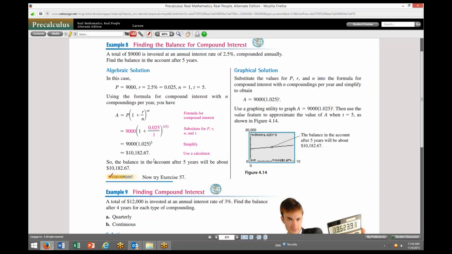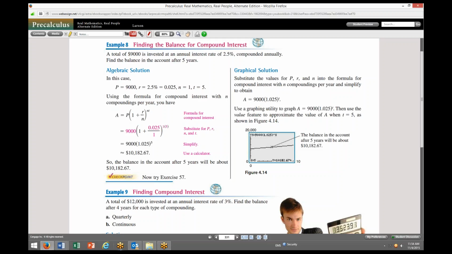Now, just to clarify, that is not how much interest will be earned over the 5 years, because the account started with $9,000 of the investor's money, and it went from $9,000 up to $10,182 something. So it increased by a little over $1,182. That's the amount of interest.